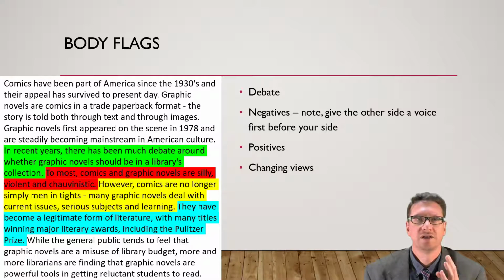There's 4 sentences here which give you some debate, some negatives, some positives, and some changing views. You would expect that the body paragraphs each would be addressing these points. They're great topic sentences for paragraphs. There's a debate, negatives, positives, changing views. Very strong, very clear structure for a body.